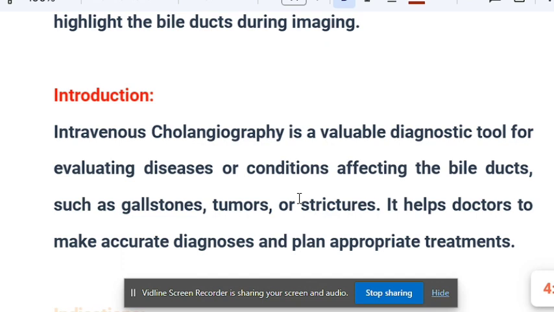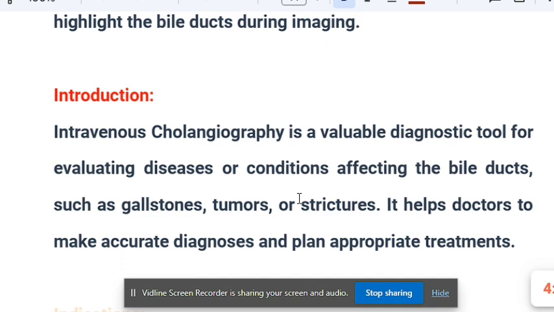Okay. Now, introduction. Intravenous cholangiography is a valuable diagnostic tool for evaluating diseases or conditions affecting the bile duct: gallstone, tumor, stricture. Do you know what a stricture is? Stricture means narrowing of the duct.